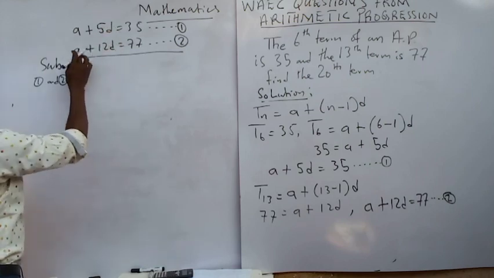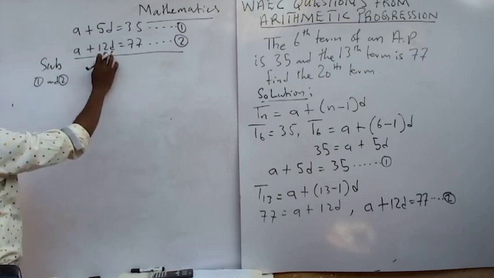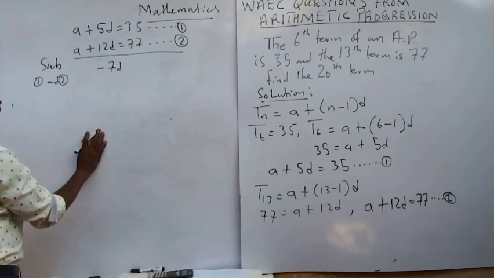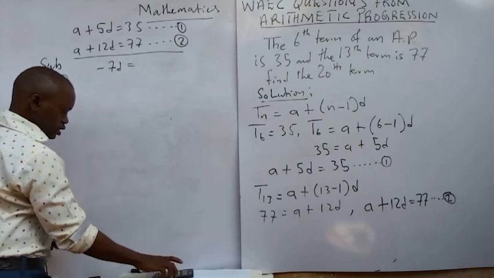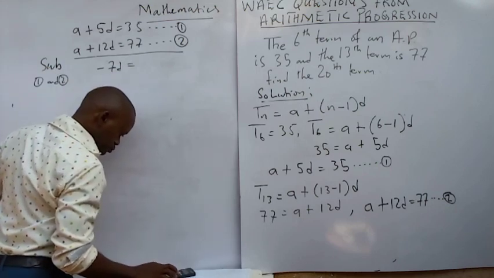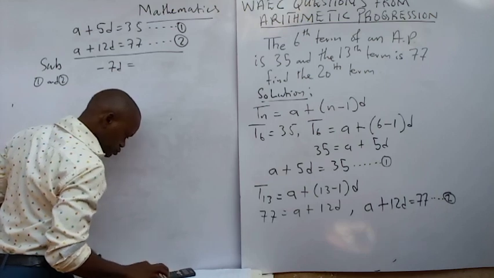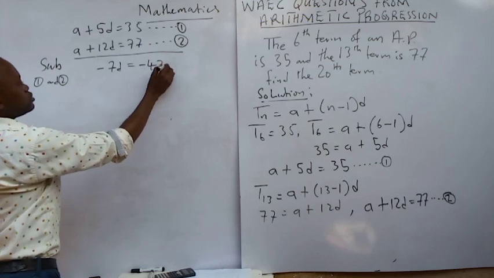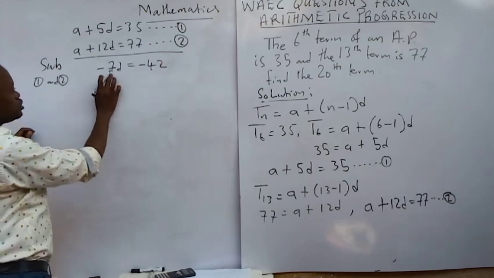So this minus this will go to 0. 5 minus 12 gives me minus 7D. That's minus 7D equals 35 minus 77. Let me check that. 77 minus 35 equals 42. It will be negative, minus 42. Now the next thing is for me to divide both sides by minus 7.